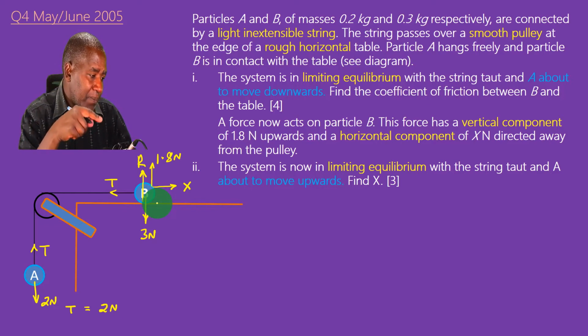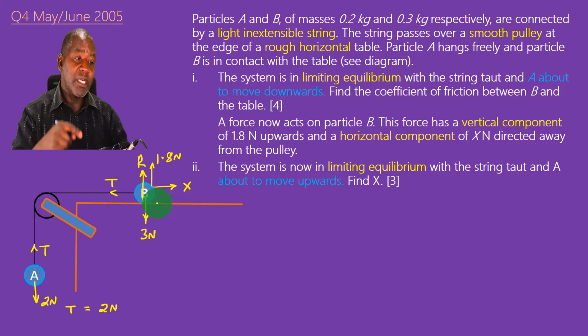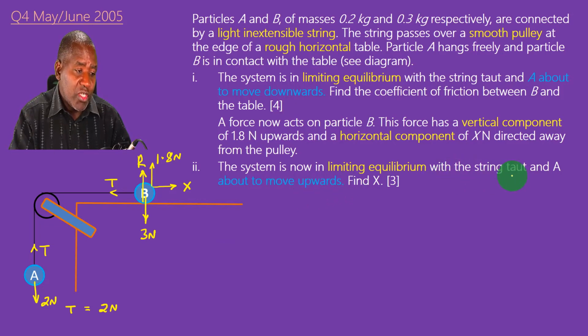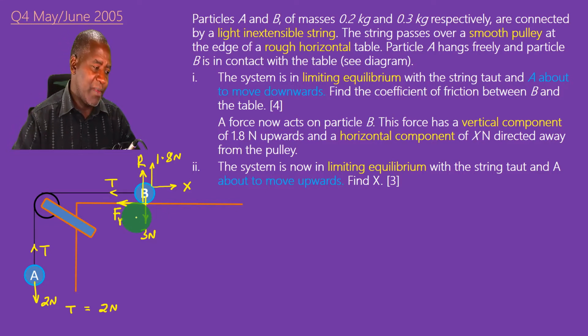When that force is applied, the system is in limiting equilibrium with the string taut and A about to move upwards. This means B is just about to move to the right. That implies the friction force now changes direction and acts in that direction. We are asked to determine the value of X.